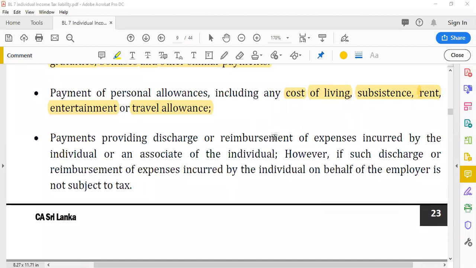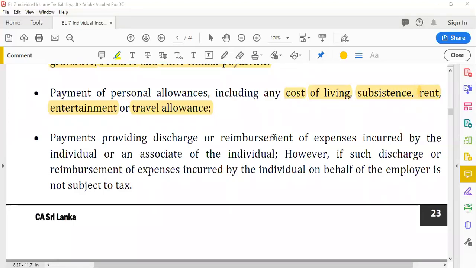Entertainment: we can find some organizations that, once every year, arrange a family trip for all employees. They spend some days in Malaysia, Singapore, Hong Kong, or at least Nuwara Eliya, Peradeniya.